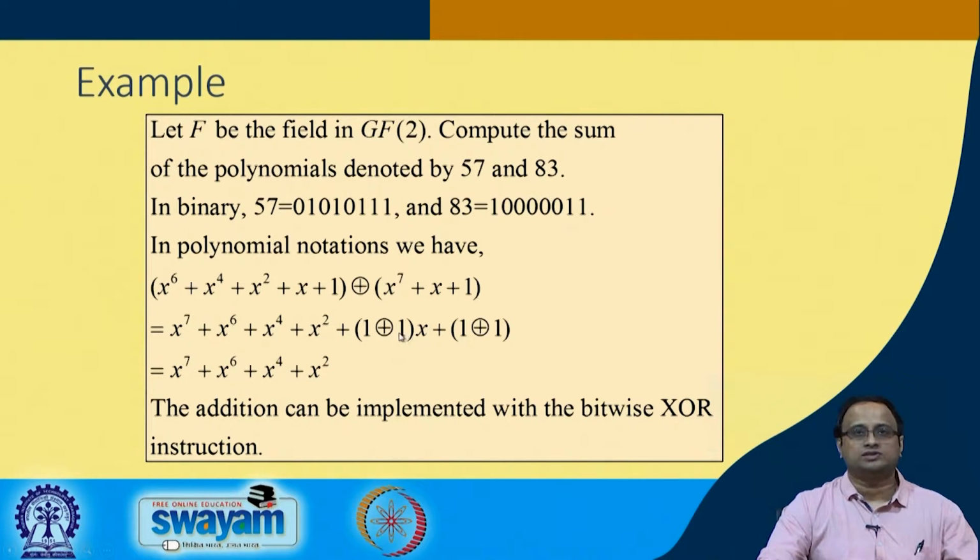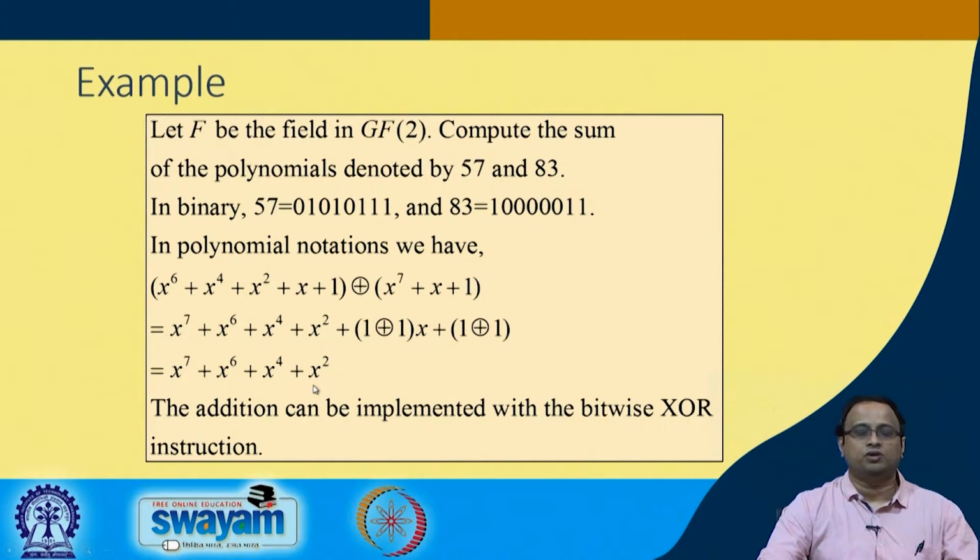Likewise, if I take x, the coefficients are 1 and 1 on both sides, so I do an XOR with 1 and 1. If I take the other coefficients, I essentially do not need to do any operation because there are no overlaps. So XOR between 1 and 1 gives 0, and therefore this term vanishes. Likewise, 1 and 1 gives 0, so the coefficient of x is also not there in the final polynomial.